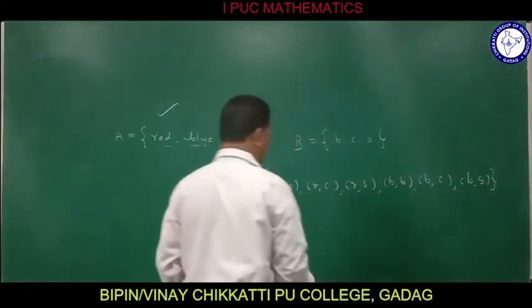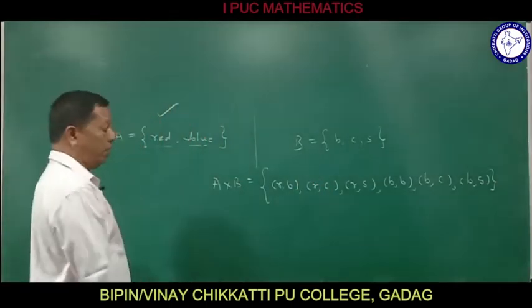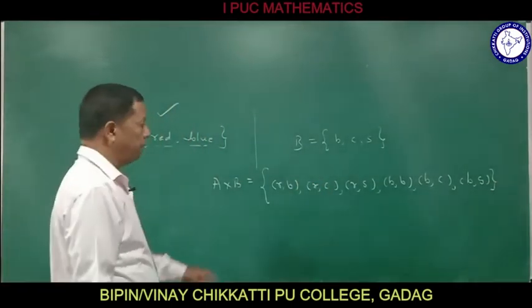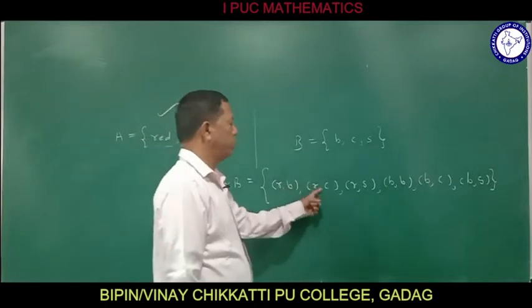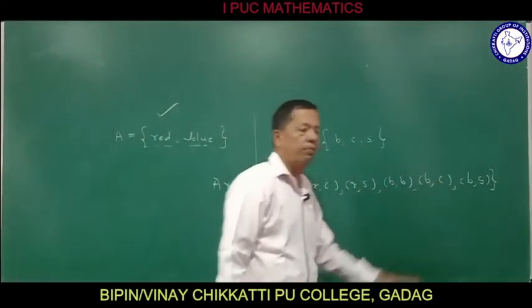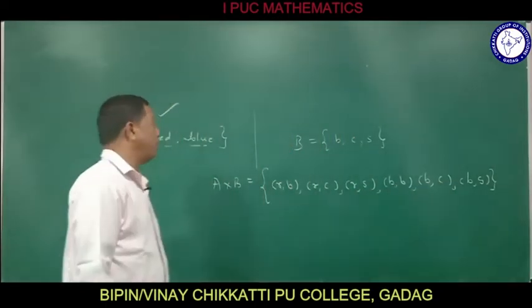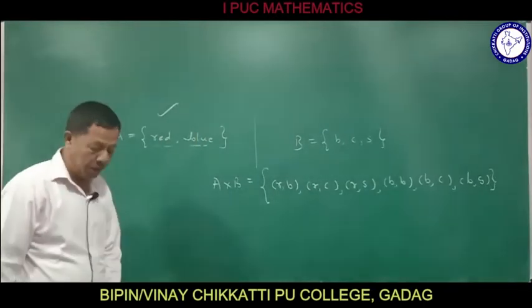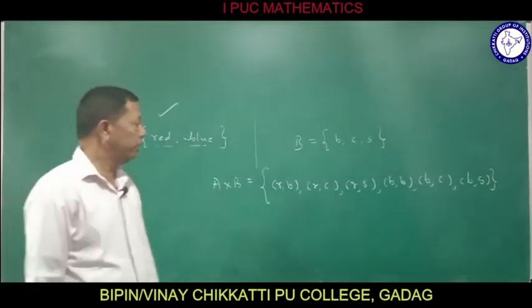So these are the ordered pairs we find after the Cartesian product: 1, 2, 3, 4, 5, 6. You got six ordered pairs.